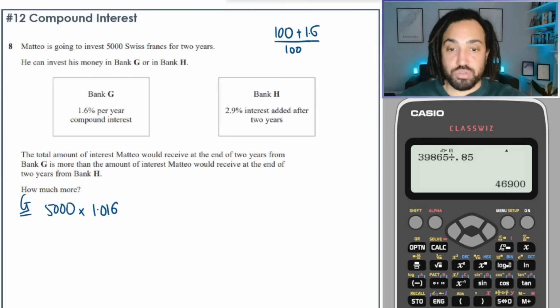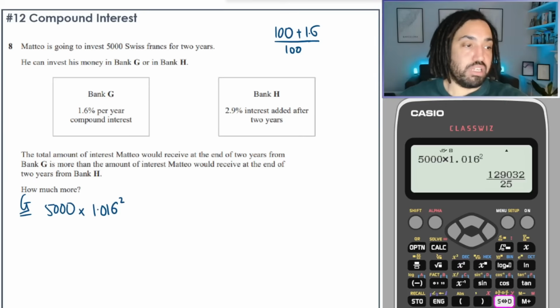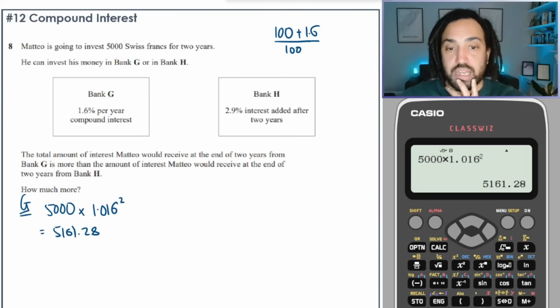And that is for 2 years, so I need to square it. Okay, yeah, we can do that now on our calculator. 1.016 squared, and we get 5161.28.